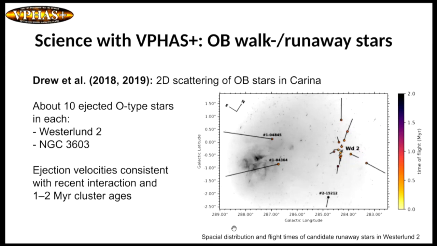By tracing back the movements of these objects to the possible sites of ejection, they confirmed that this flight time was shorter than the age of the cluster, so the association was very likely. Essentially, they showed that within these clusters, there were mechanisms ejecting stars in the last 1 to 2 million years.